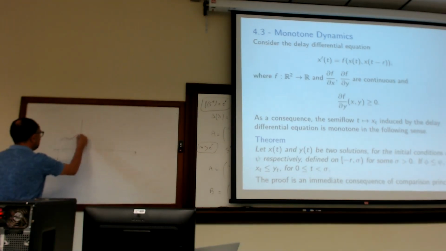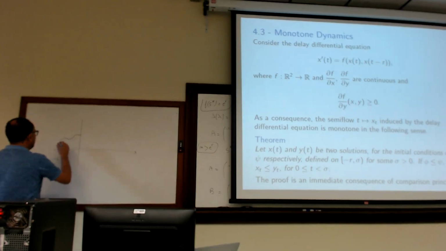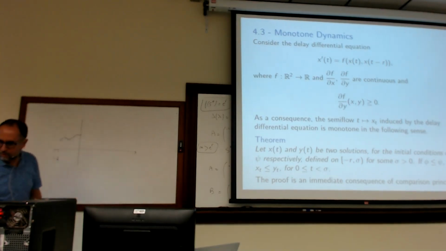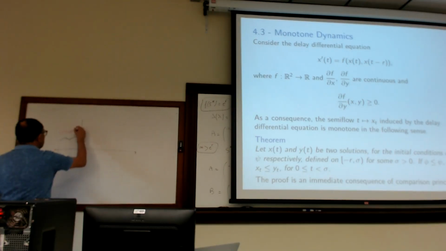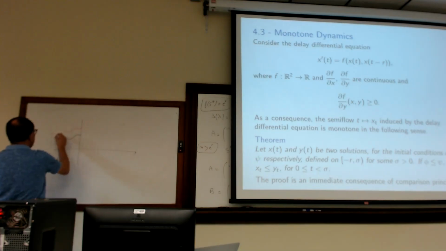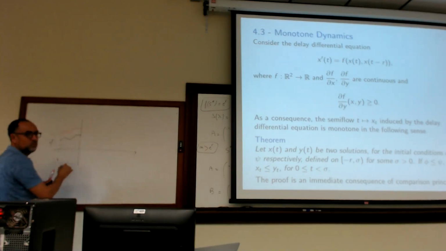Remember that the initial condition is this one. If you take this one bigger than this one for each value, that means for each value, this one is bigger than this one. It can be like this.